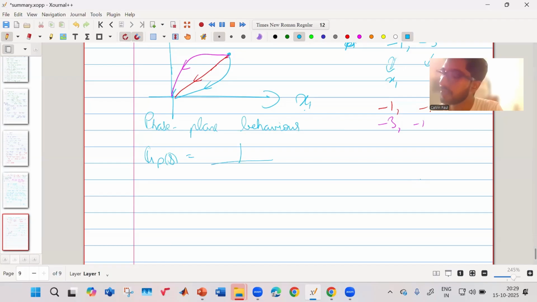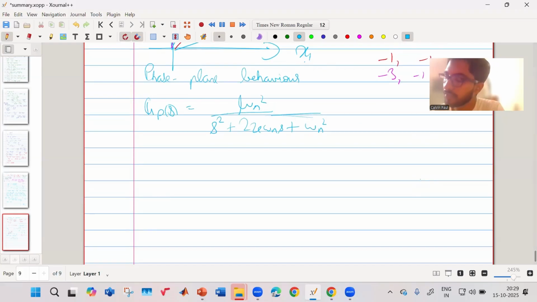It is given by 1 upon s square plus 2 zeta omega n s plus omega n square. And this is also omega n square in the numerator. Right? So for this transfer function, if you give a step input, your output will change like this.